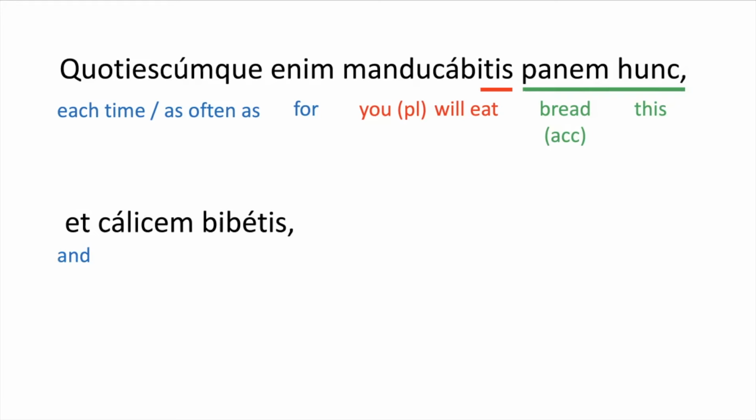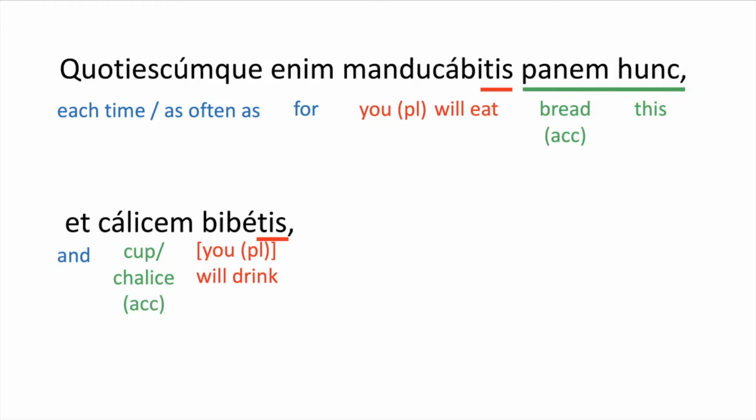And again, we're going to go to our verb here, bibetis. The tis is showing us that the you plural is the subject, but we've already said it, so we don't have to repeat it. This is drink. So you plural will drink. And then calicem is a cup or a chalice. Again, it's in the accusative because it is the direct object.